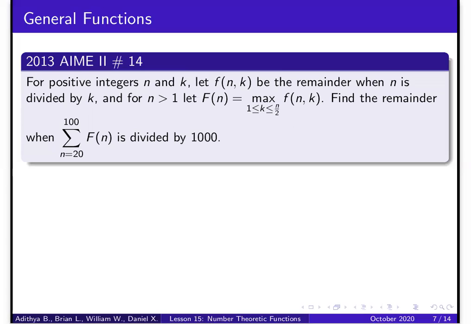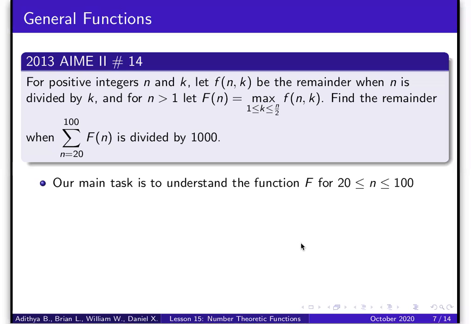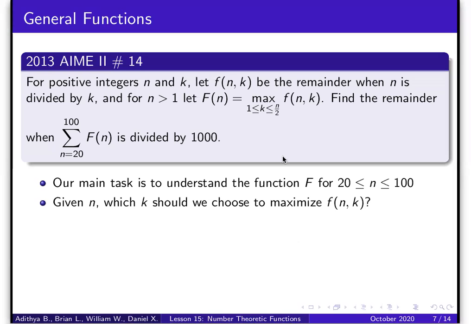Okay, so I guess our main goal here is to understand what big F of n means. What this tells us is that basically we just want to find which k makes f of n, k maximized. So what do you need in order to have a large remainder when you divide by k?